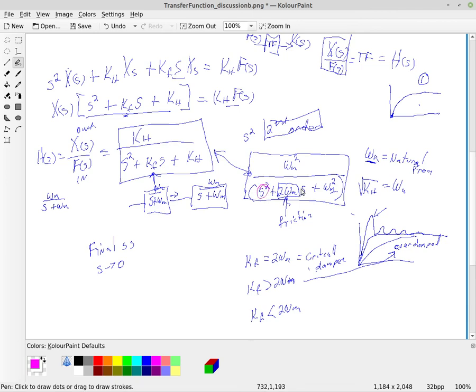And you have 2 omega n times 0. So these two terms go away. And so what you're left with would be omega n squared divided by omega n squared. And so your final change then would be you would move 1 unit, whatever your unit is.